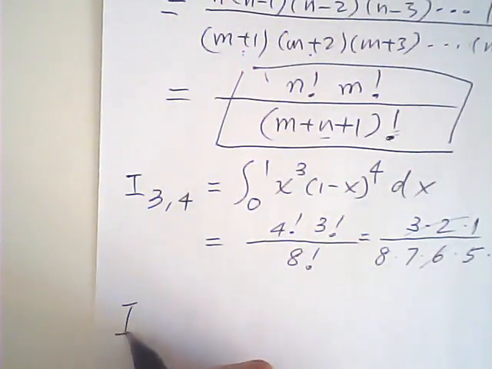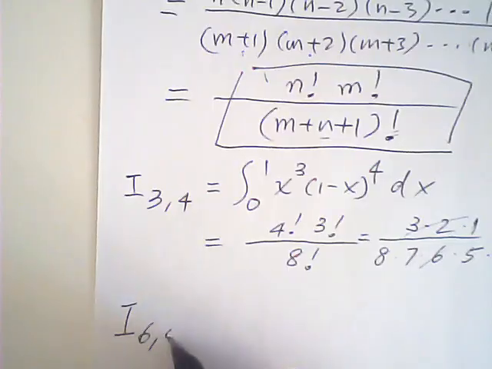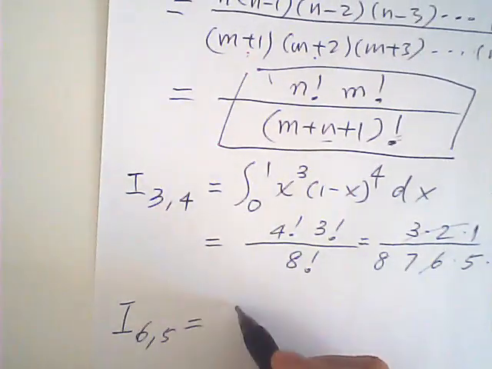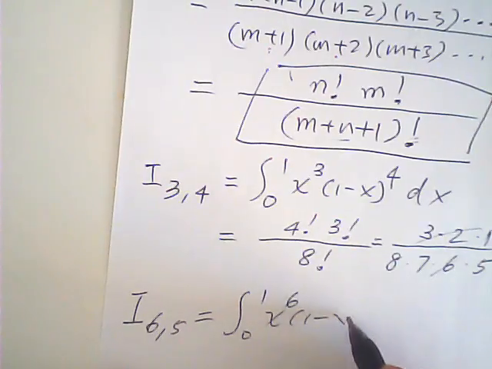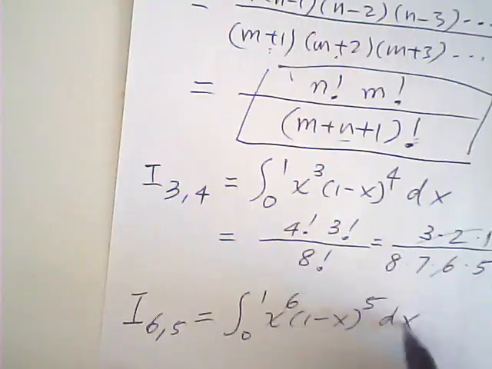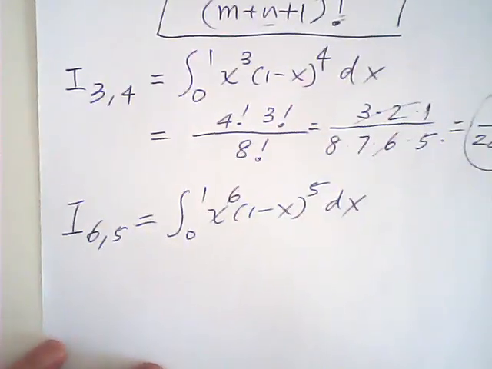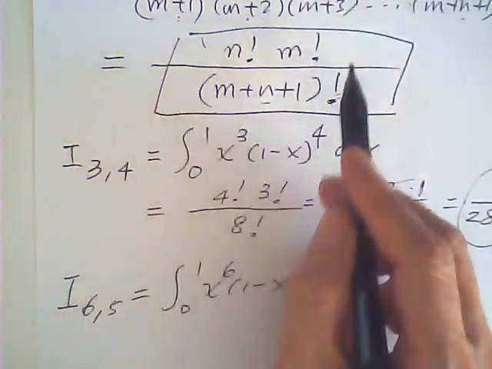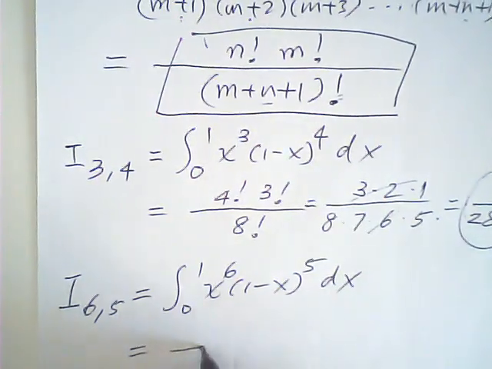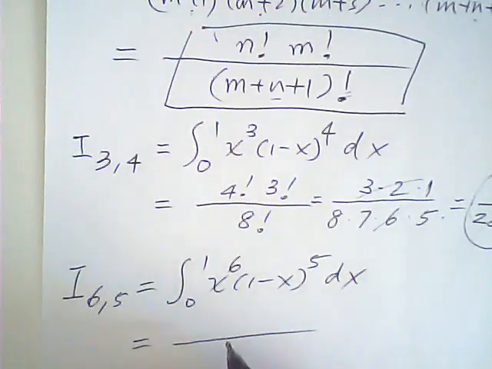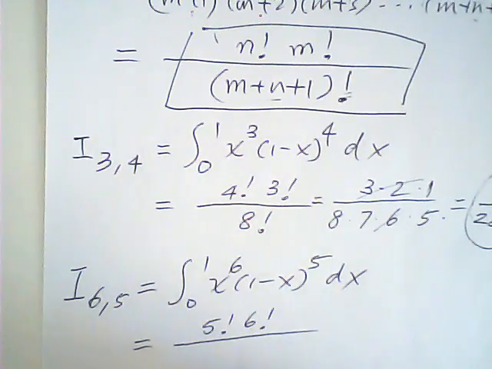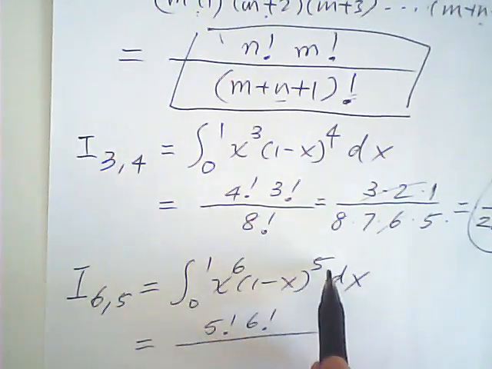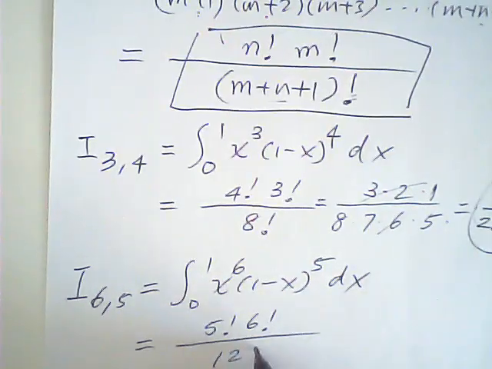Now let's do one more: 6 and 5. This is the integral of x^6 times (1 - x)^5 dx. Well, then we use the reduction formula. That is 5 factorial times 6 factorial over 12 factorial, since 6 plus 5 plus 1 is 12.